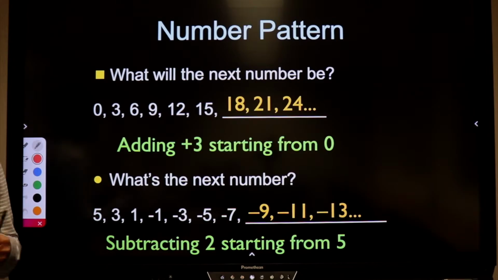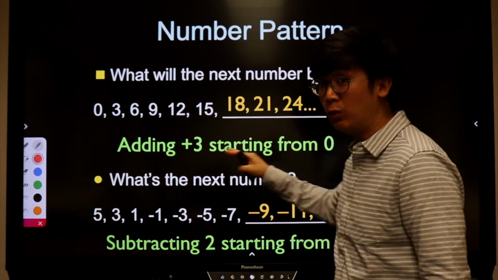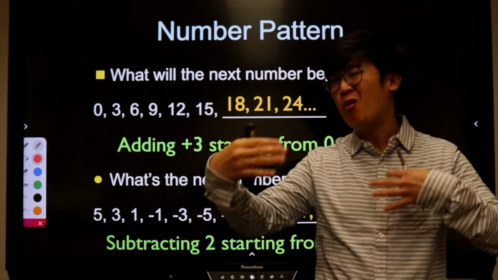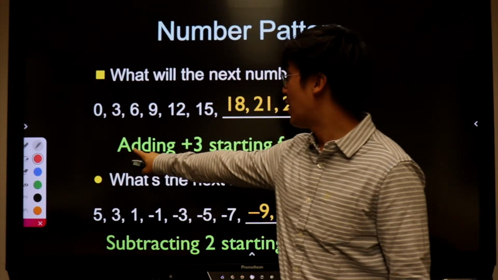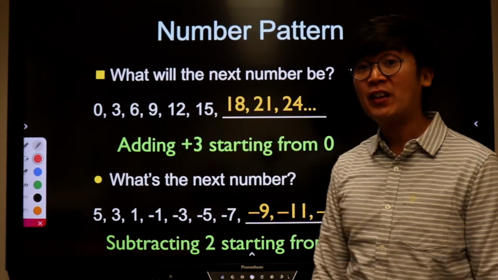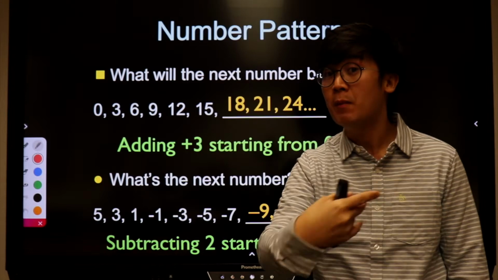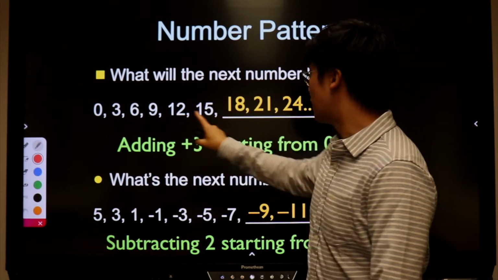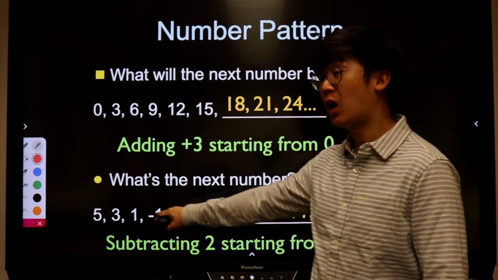So in mathematics, it needs to be in a form of a pattern, and when you are working with rules and pattern, it needs to be described in a more systematic way. And the system that I'm showing you here is that we need to start somewhere, and then you need to know what is happening on the succeeding numbers to be able to come up with that pattern. And on number 1, we add 3 starting from 0, and on number 2, we subtract 2 starting from 5.